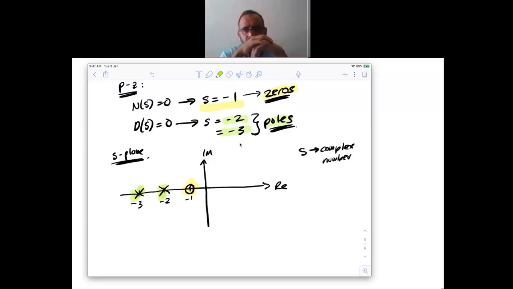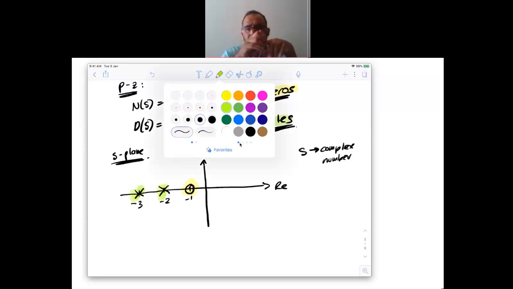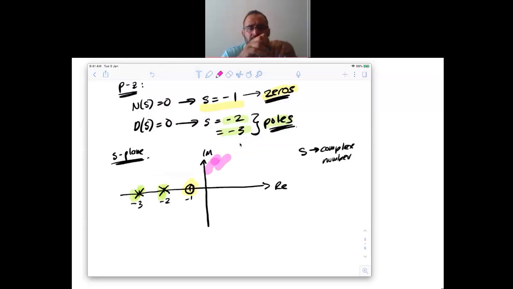So it's a stable system. So with s plus 2, it will give me a pole of minus 2. So when I have poles at a negative real value, my system is stable. If any of my poles lies on the positive side, then the system is unstable.